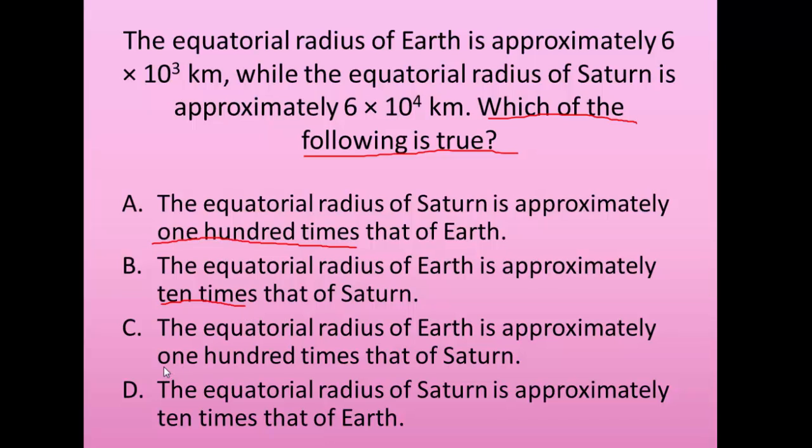Is it approximately 100 times? So be careful if you're looking at Saturn to the Earth or Earth to Saturn. Or is it 10 times going from Saturn to Earth? So you always want to have the larger of the two first. So we know that Saturn is the larger one. So anything that has Earth first, we can get rid of.